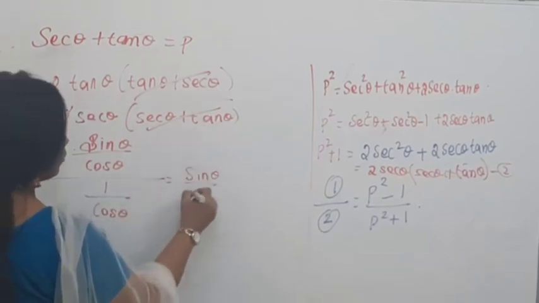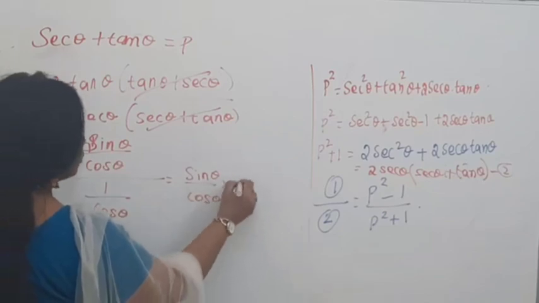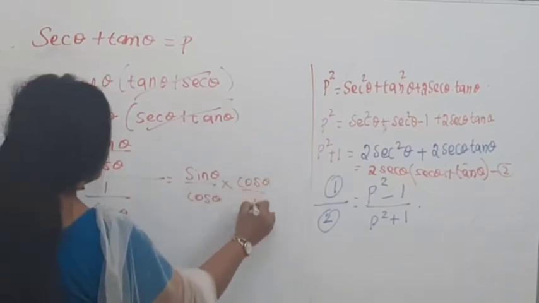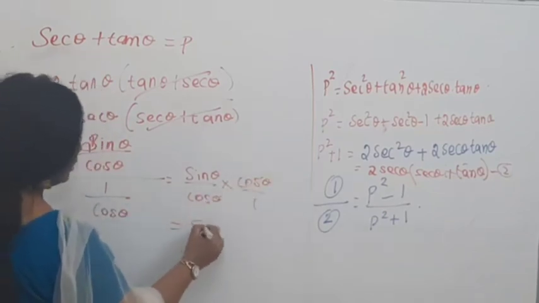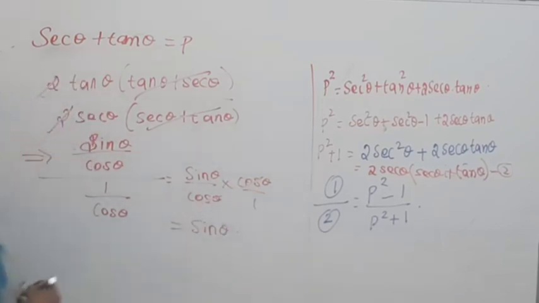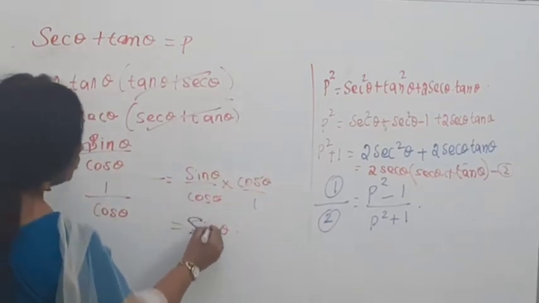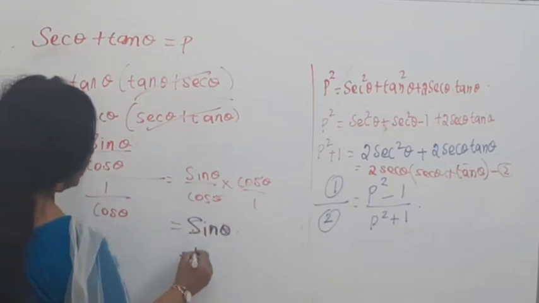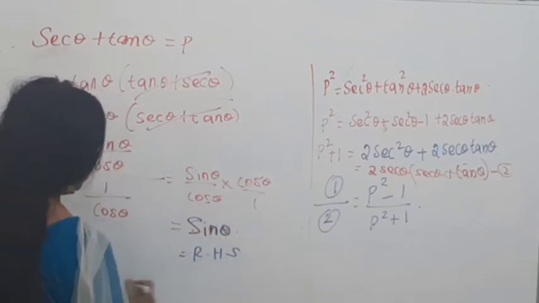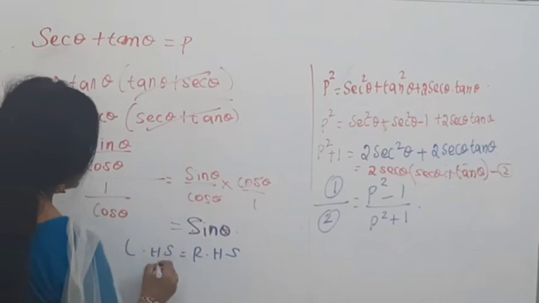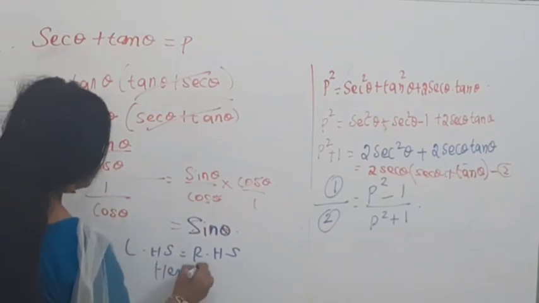Sin theta by cos theta into cos theta by 1. This gets cancelled. Your final answer is just sin theta. Hope everyone understood. So which is nothing but your RHS. Hence the proof. So LHS is equal to RHS. Hence proved.